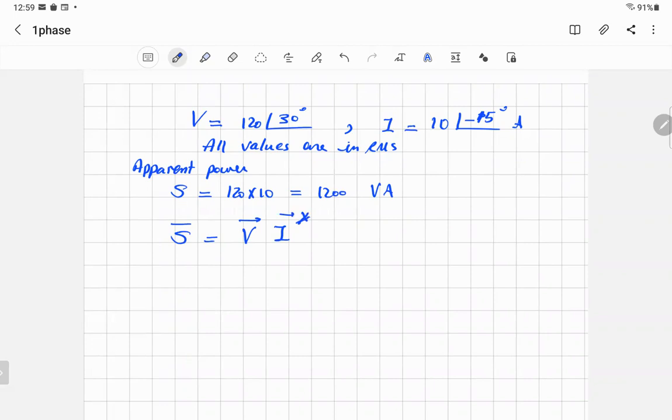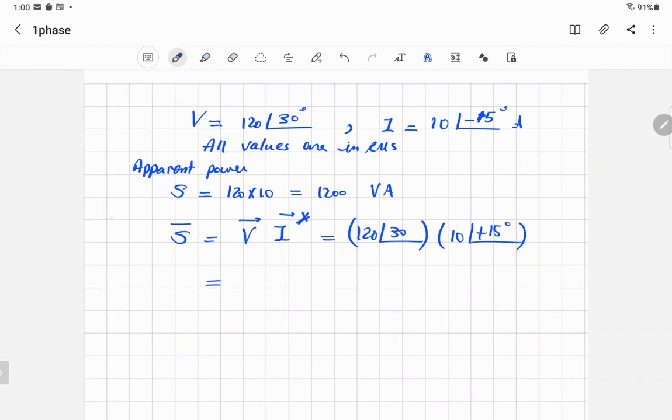Remember that. So let's see. The voltage is 120 with angle 30. The current is 10 with angle negative 15. The conjugate will be plus 15. That's the meaning of the conjugate. And then multiply. You get a phasor form.